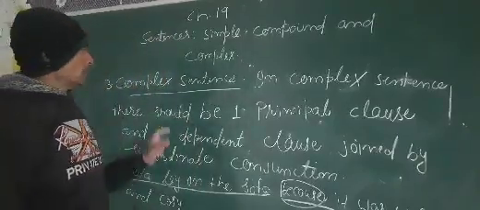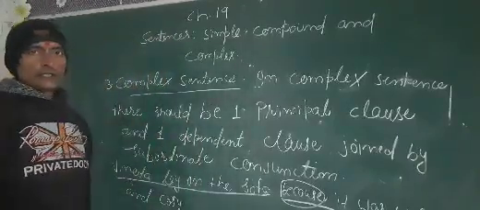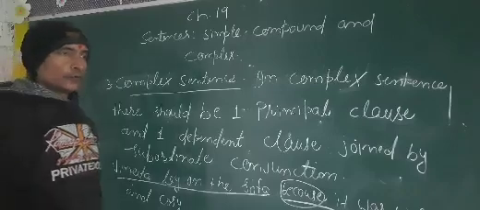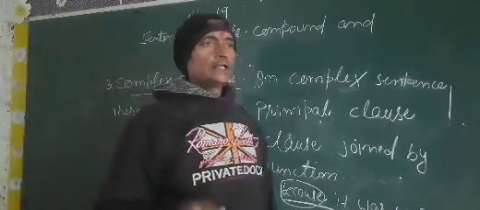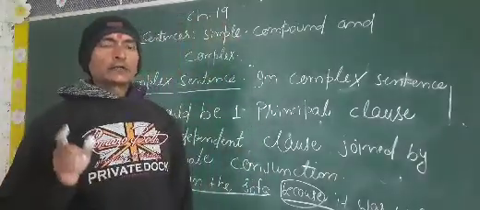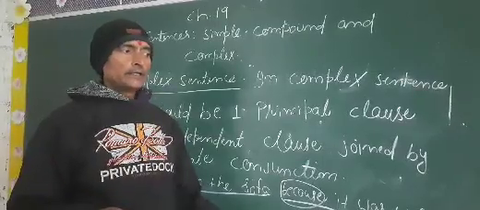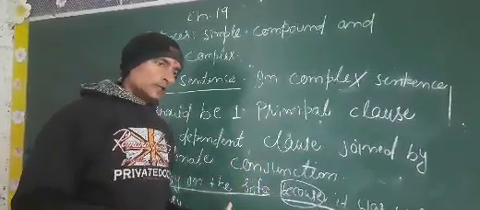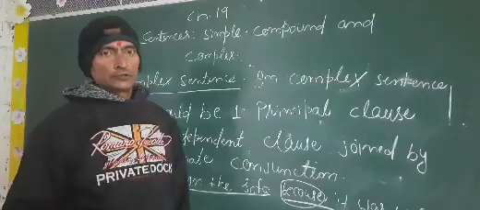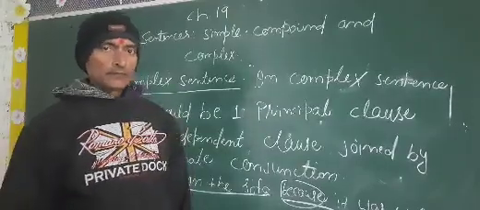So in a complex sentence we have two clauses, one principal clause and one dependent or subordinate clause, which depends on the principal clause for the completion of its meaning.